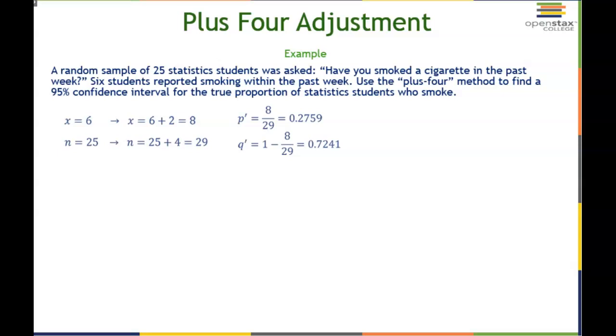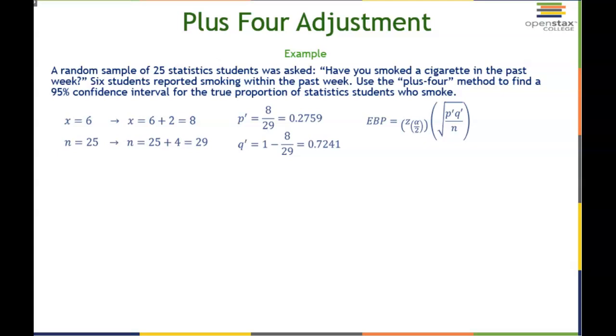So 1 minus 8 over 29 is 0.7241. Now you could use, instead of the 8 over 29, the 0.2759 for your calculation. And I really did, but I wanted to show you that I am using the true P prime of the 8 over 29 and not 6 over 25.